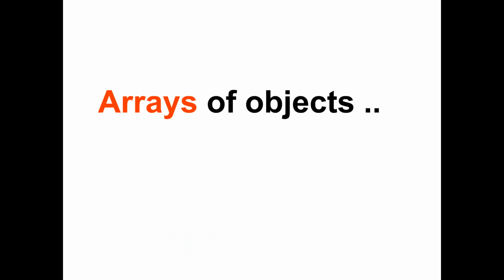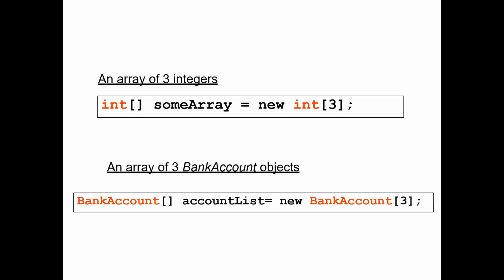So now we're going to look at arrays of objects. As I said, there are different ways for us to initiate arrays. The first one is an example where we're going to declare that our array has a length of 3 integers, then an array of 3 bank account objects.